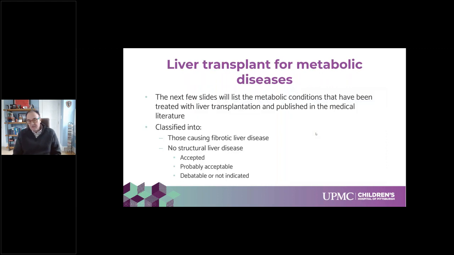The next few slides will list the metabolic conditions that have been treated by liver transplantation and have been published in the medical literature. Now, it won't be totally comprehensive, but if I've missed any, they're single case reports. They're classified into, the first one will show those conditions that cause fibrotic liver disease and progress to cirrhosis.